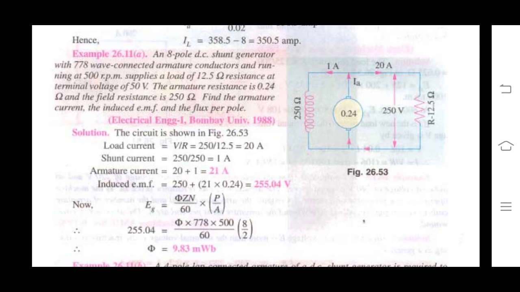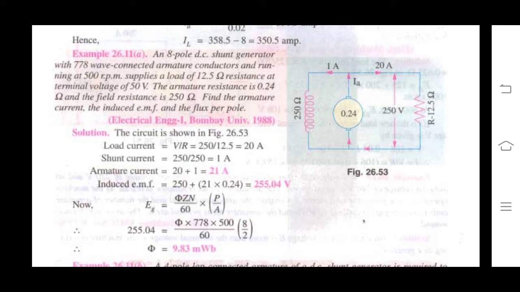So it is an 8-pole DC shunt generator with a wave connection, Z equal to 778 conductors and running at 500 rpm. So N value is 500 rpm. Note down these values: P equal to 8, Z equal to 778, N equal to 500 rpm, and it supplies a load of 12.5 ohm resistance at a terminal voltage.